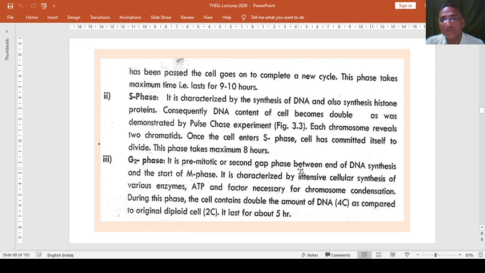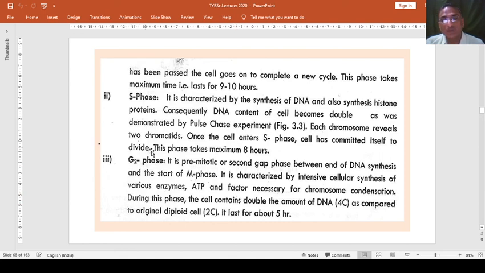It is the gap phase between the end of DNA synthesis and the start of mitotic phase or M phase. It is characterized by intensive cellular synthesis of various enzymes, ATPs, and the factors which are necessary for chromosome condensation.